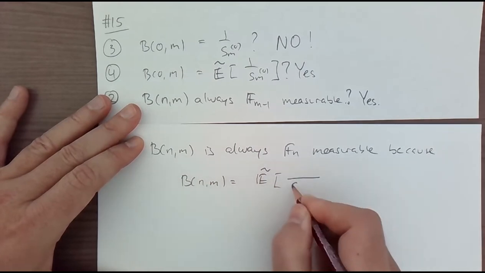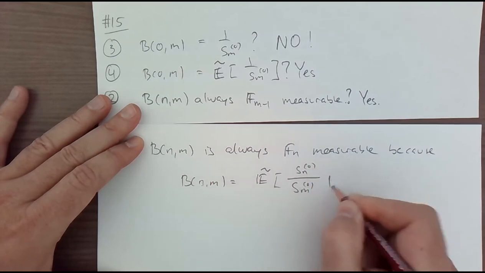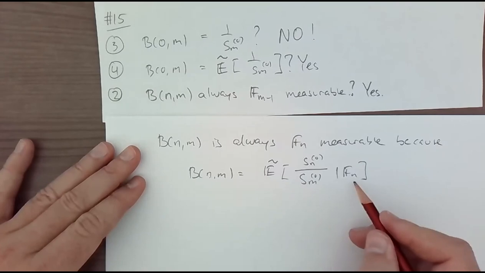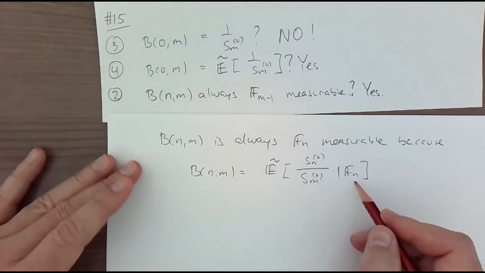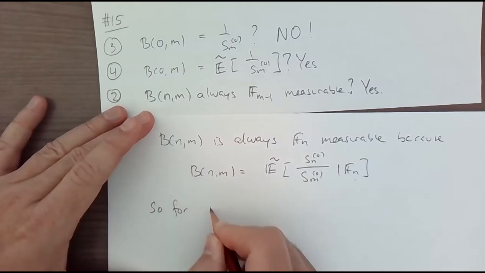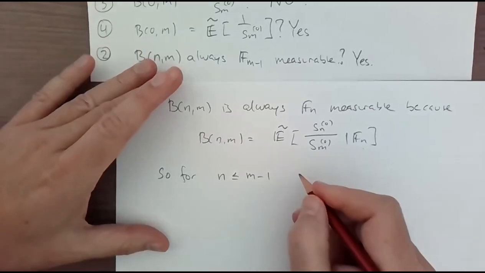Downstairs you have the bank account at the end, upstairs you have the bank account at the current time, and then you condition on Fn. So this is conditional on Fn, this is always Fn measurable, for n less than or equal to m minus 1. We good?